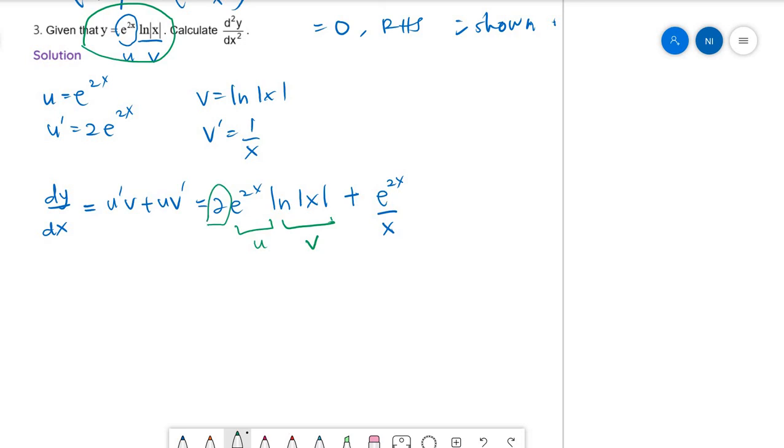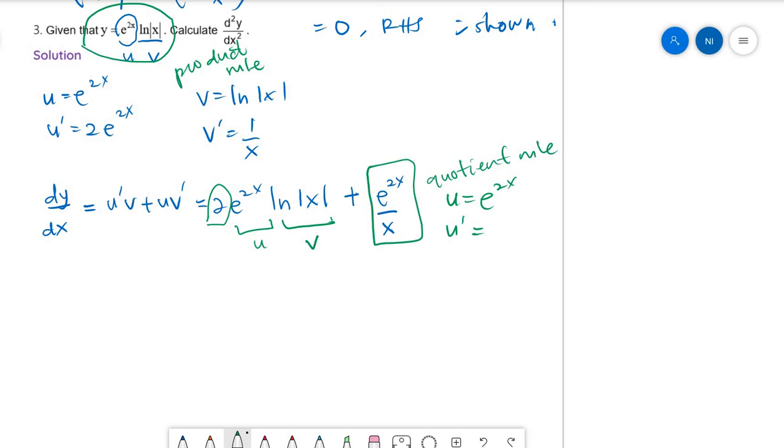So actually, you just need to solve this part only, where you need to use the quotient rule again here. Here is the quotient rule, this one we use the product rule. With the quotient rule, we have u equal to e to the power of 2x, u prime is equal to 2e to the power of 2x, v is equal to x, v prime is equal to 1.